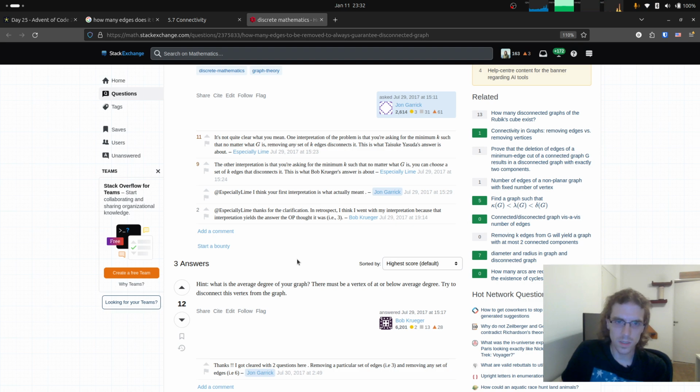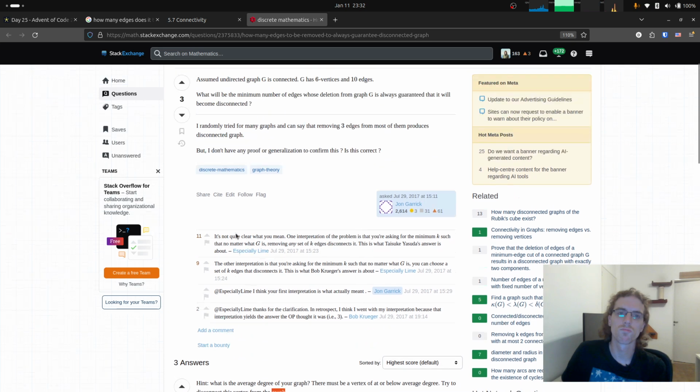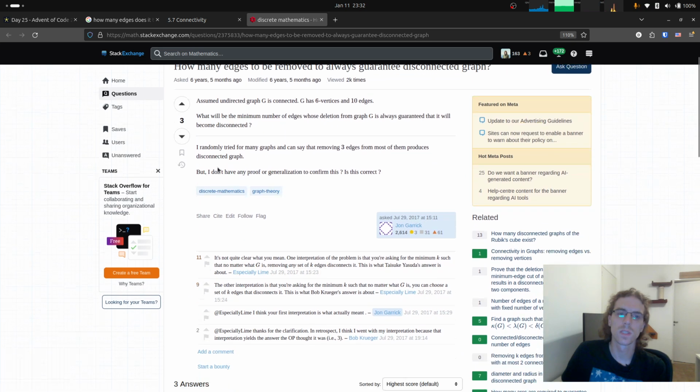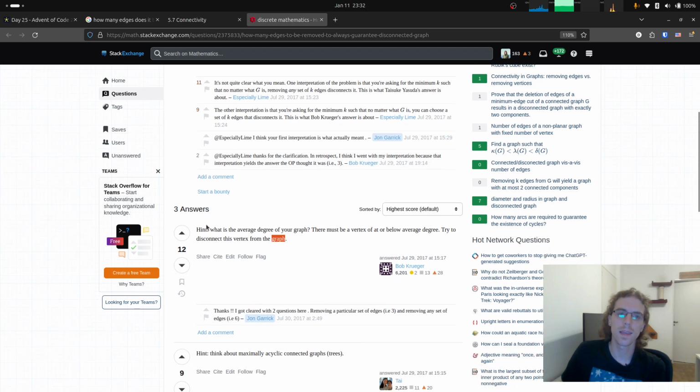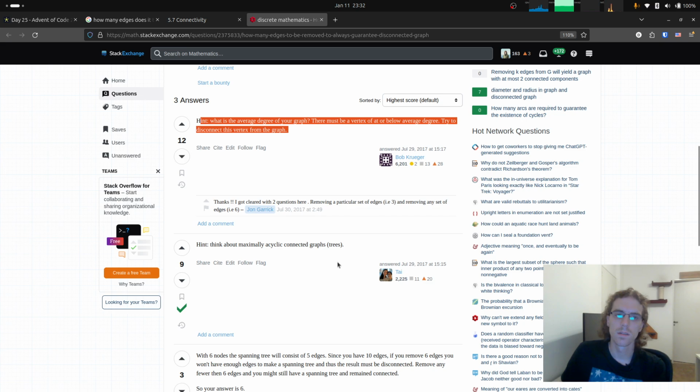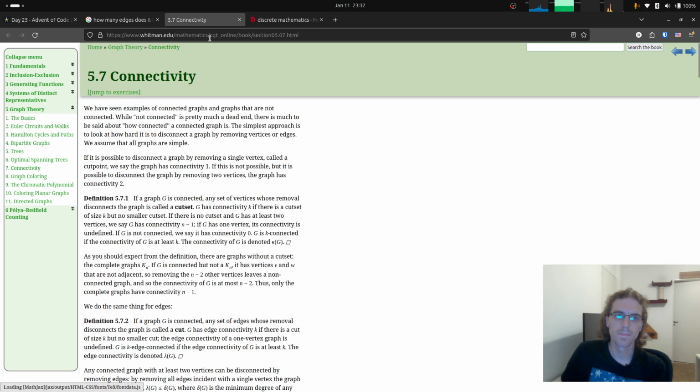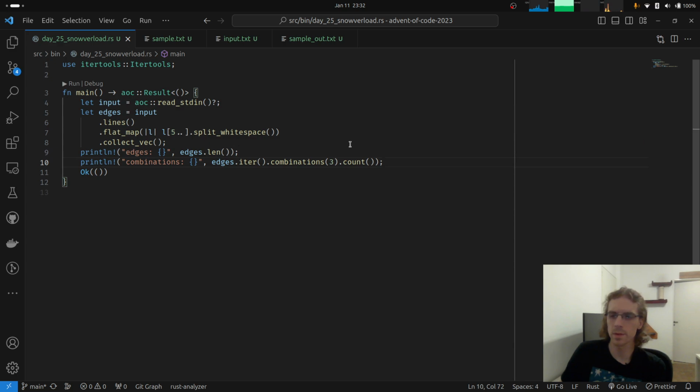What is the average degree of your graph? There must be a vertex of at least some degree. Disconnect this vertex from the graph. Okay, that's a hint. Okay, what would happen?